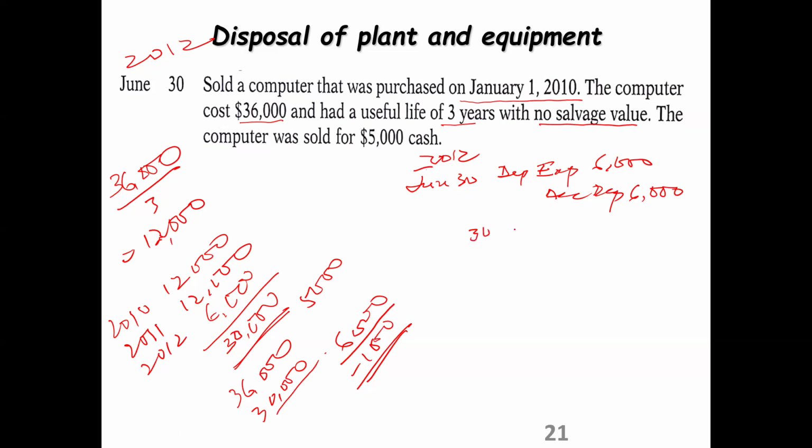Then another entry would be you're going to debit cash by 5,000, debit loss by 1,000, and debit accumulated depreciation by 30,000. And we'll have computer credit by 36,000. I hope this entry is clear to all of you.